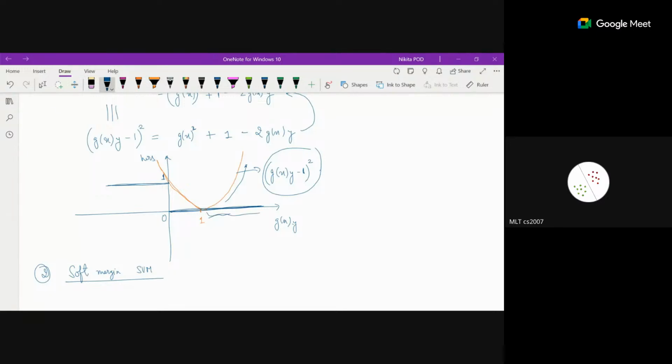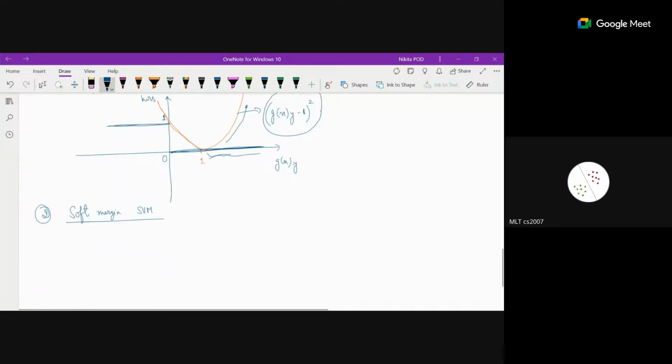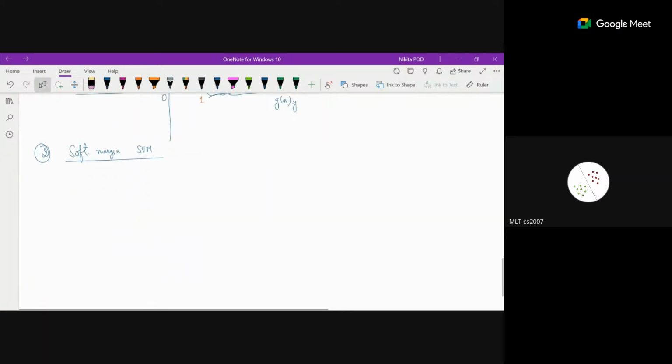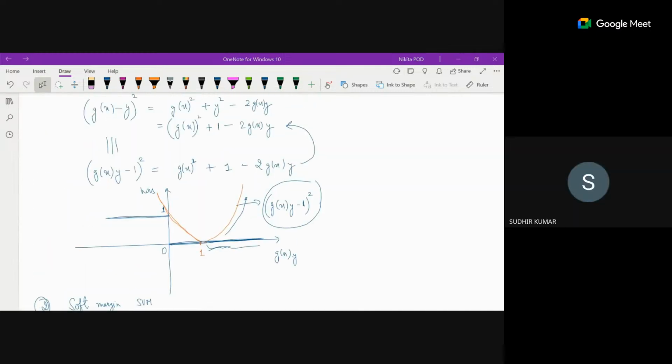So we'll now see what can be done to get rid of this. Ma'am, we are doing this to get rid of the NP hardness of the original binary classification loss problem? Yeah.